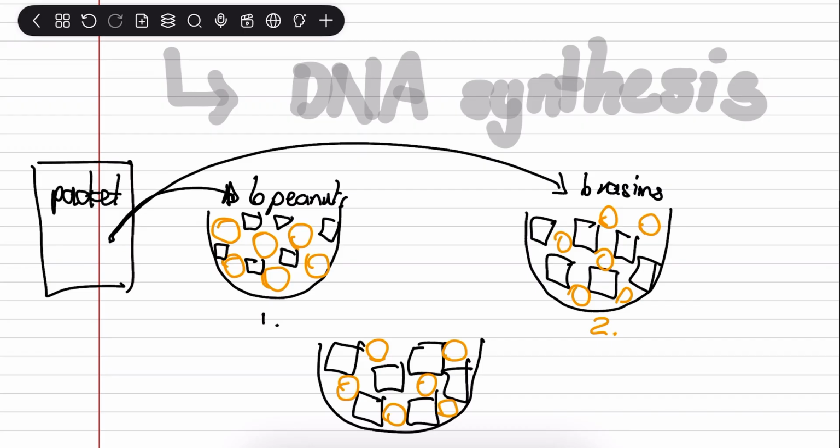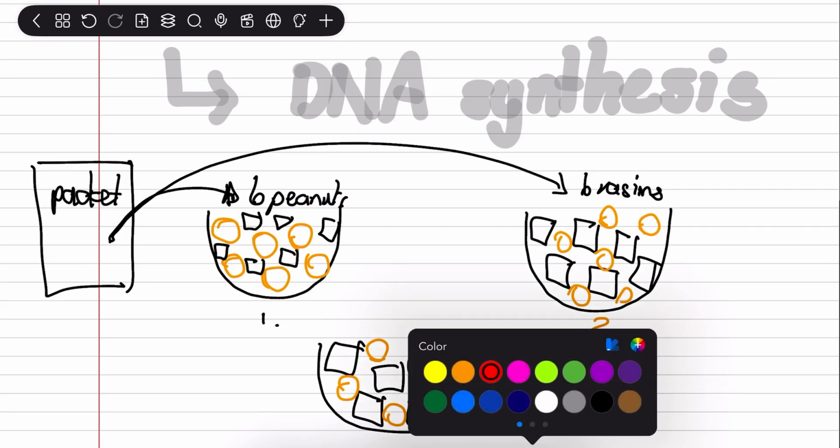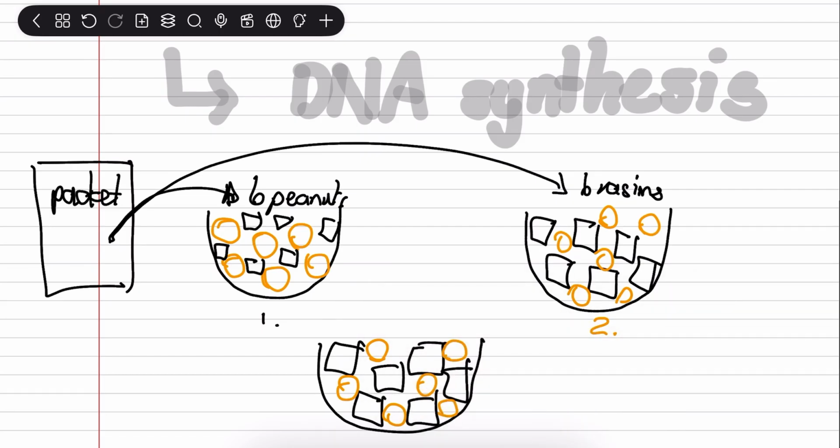So now let's redo this, but now I'm going to put in some biology terminology. I'm going to use the same one and then I'll rewrite it just in bio. So my first bowl, my initial bowl, let's make it in red. So this is obviously found now in the nucleus, right?